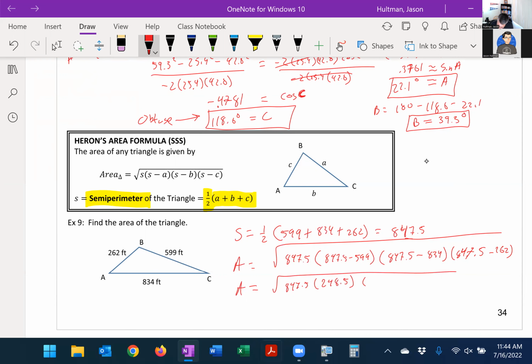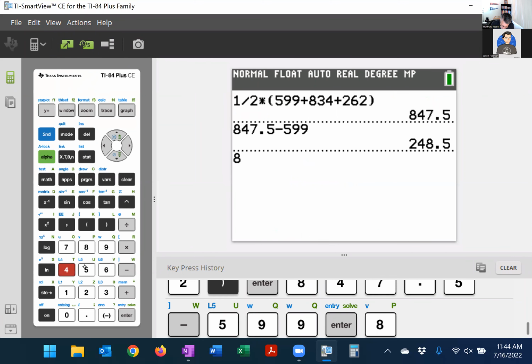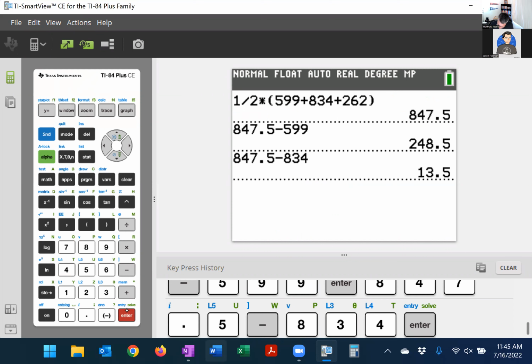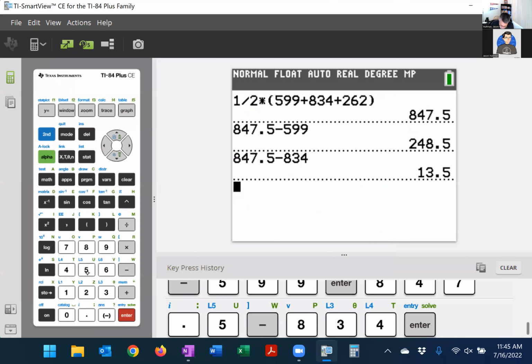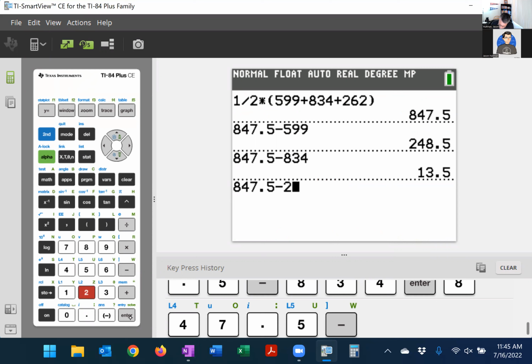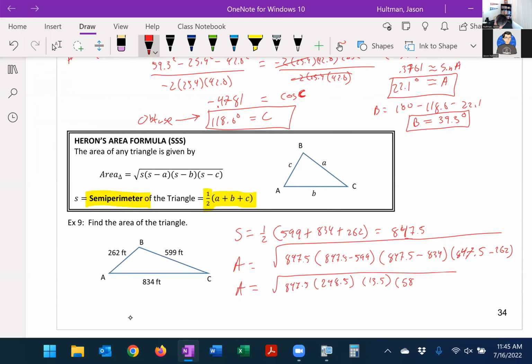So 248.5. 847.5 minus 834 is 13.5. And 847.5 minus 262 is 585.5.